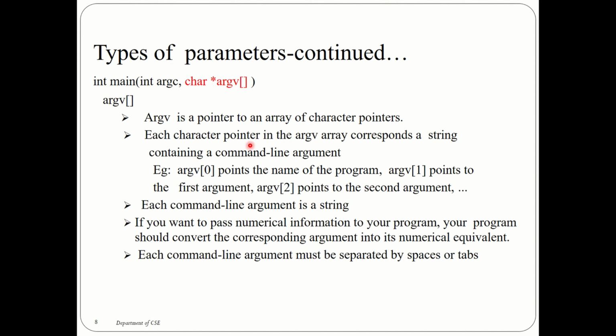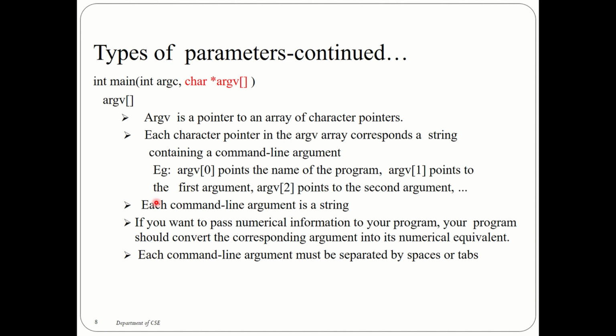So each character pointer in the argv array corresponds to a string containing a command line argument, and each command line argument is a string. Always understand each command line argument is a string. Say in your application, you want to compute the sum of two numbers.